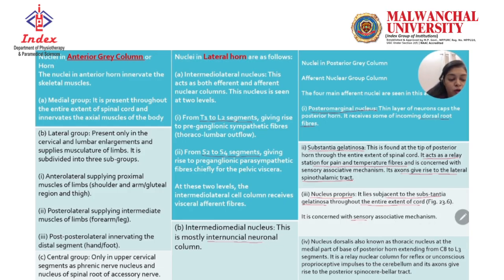And nucleus dorsalis, also known as the thoracic nucleus, extends from C8 to L3 segments, and it is a relay nuclear column for reflex or unconscious proprioceptive impulses to the cerebellum, and its axons give rise to the posterior spinocerebellar tract. So here, substantia gelatinosa carries the spinothalamic tract from here, and nucleus dorsalis carries the posterior spinocerebellar tracts.